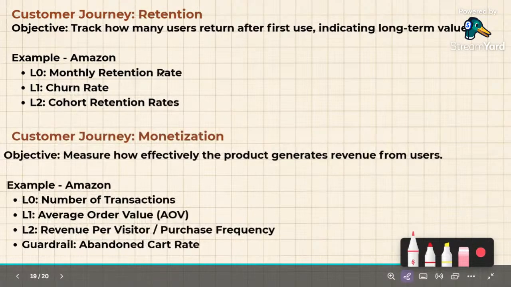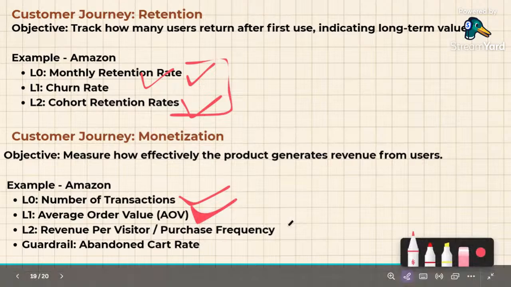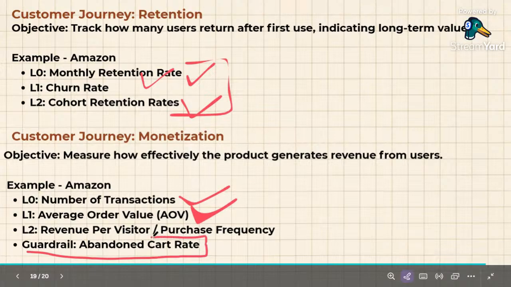I will move forward. The churn rate. I had explained some of these terms. The cohort retention rate. Then the monetization phase would be the number of transactions they are making, the average value, and the revenue that we are able to generate from a specific consumer. And then the guardrail would be the abandoned cart rate.